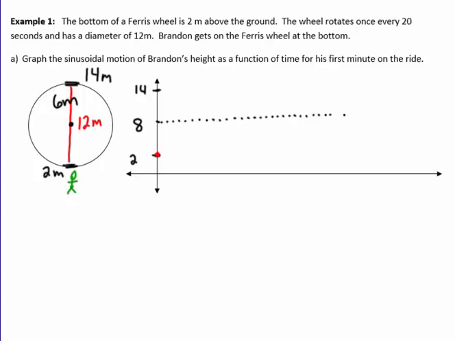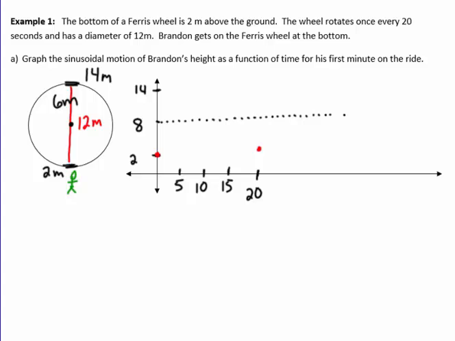Well, that's going to help us establish the period. 20 seconds is our period, and Brandon is going to be back down at that lowest point. Well, if 20 seconds is one rotation, half a rotation would be 10 seconds. And that gives us our quarter intervals for our graph.